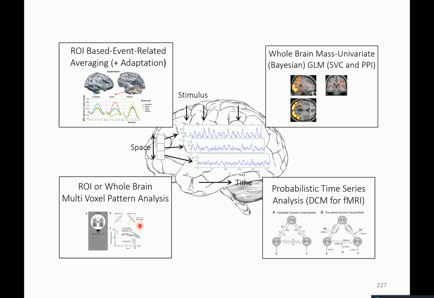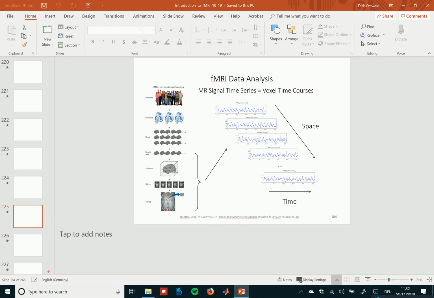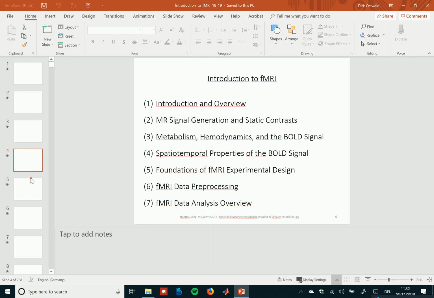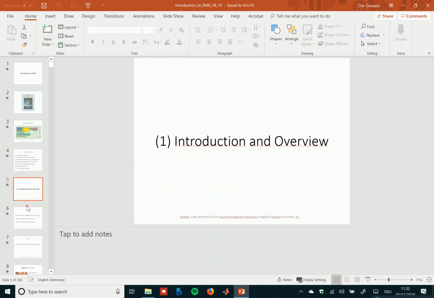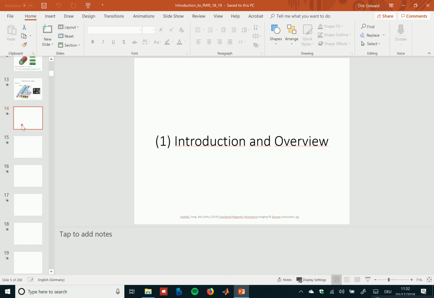So this ends the first half of the fMRI course. The next half of the fMRI course is to go back to section 2 and really do section 2 now, and really do imaging.